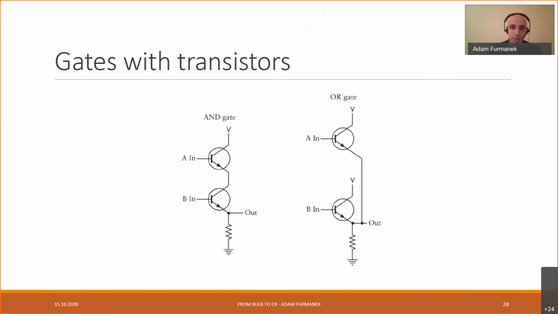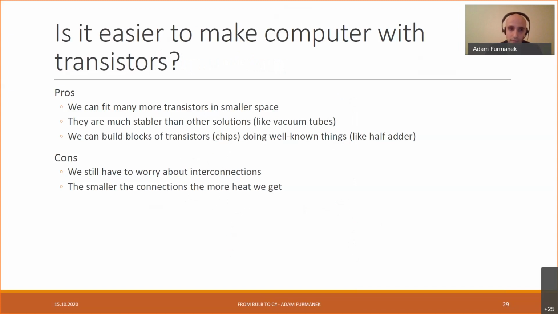But the advantage of transistors is that they are much smaller and they do not emit as much heat as light switches would. And even though they are pretty expensive, especially initially, we can prefabricate ready-to-be-used components called chips, which are actually doing the things we would like to do.